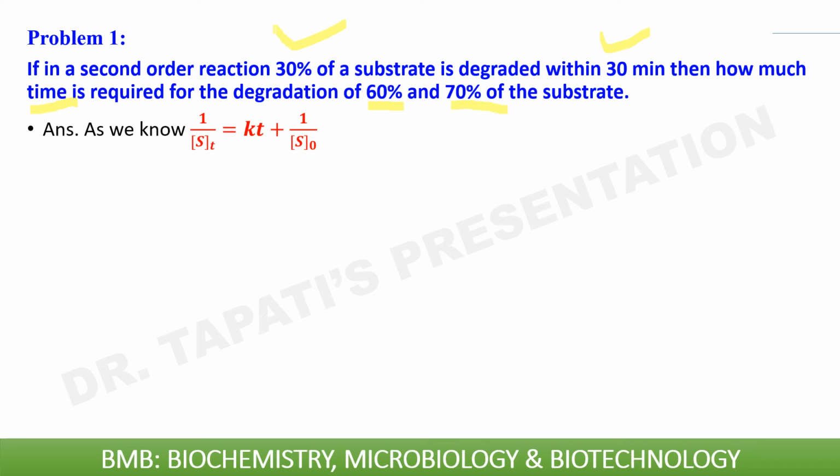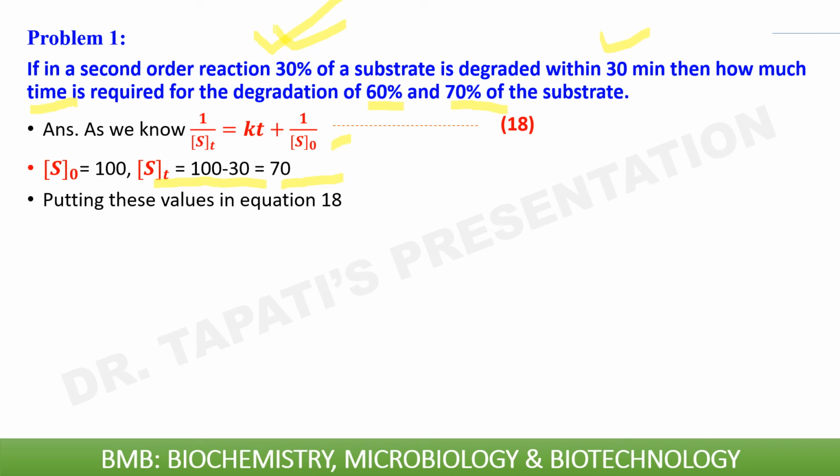As we know, according to equation 18, 1 by St is equal to Kt plus 1 by S0. Here S0 is equal to 100. If you consider this case, 30% of the substrate concentration, that means St is equal to 100 minus 30, that is 70.